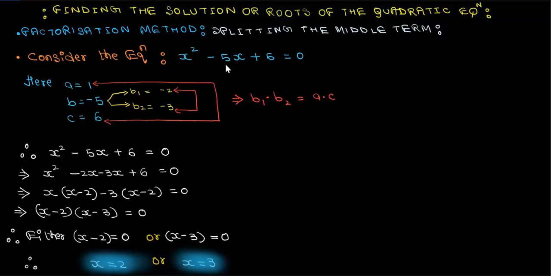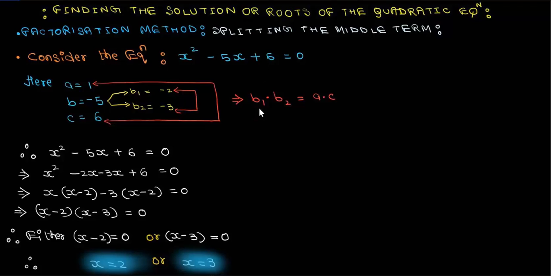So we need to divide this minus 5 into two parts such that the product of those two parts is equal to positive 6. So we can divide it into minus 2 and minus 3, because the sum of minus 2 and minus 3 is minus 5 and their product is equal to plus 6.